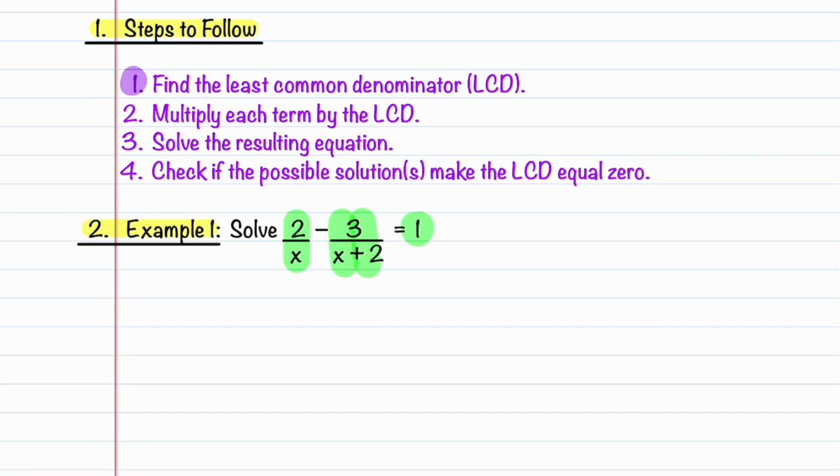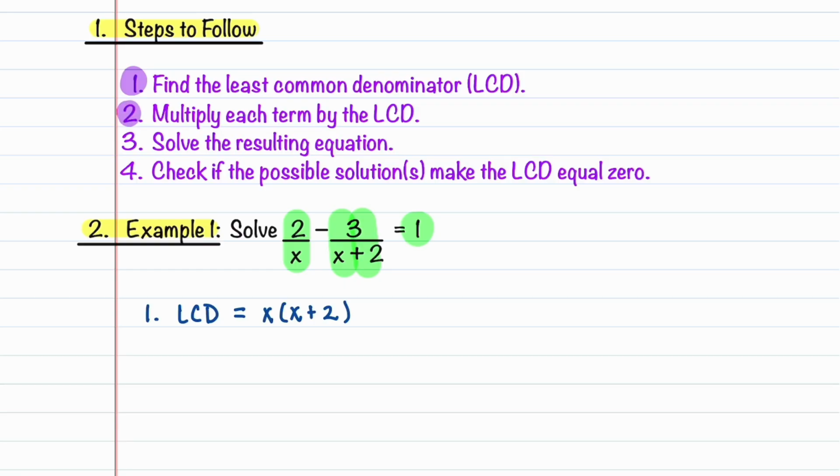The least common denominator is the smallest polynomial that all denominators divide into evenly. It's found by multiplying the highest power of each unique factor from the denominators. In our example, the least common denominator is going to be x times x plus 2 because those are the unique factors that are found in the denominators.